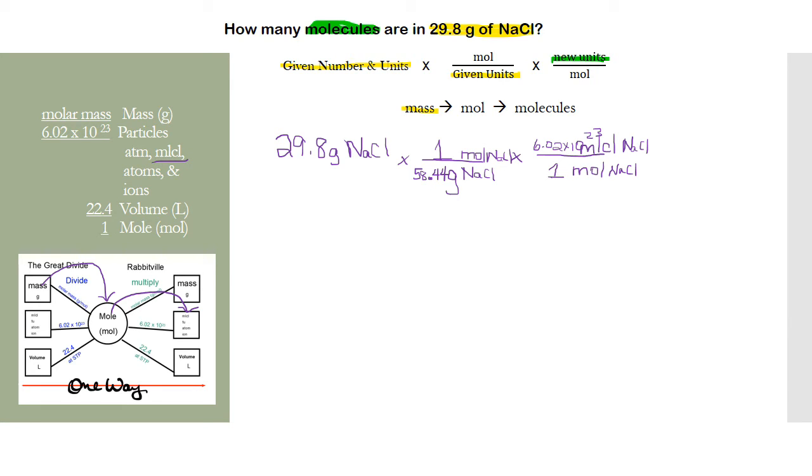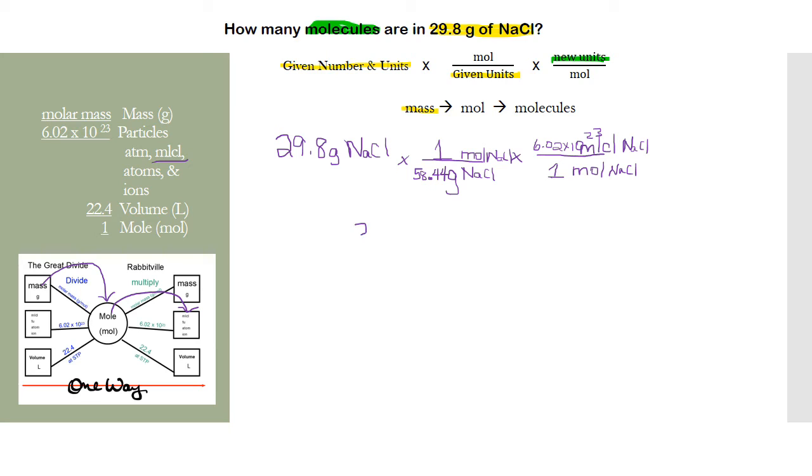So to do the math, now that we have the units and our numbers in place, we would take 29.8 times 1 times 6.02, hit the exponent button on your calculator, then 23, and then hit equals, and then you're going to divide it by 58.44 times 1, which is just 58.44.